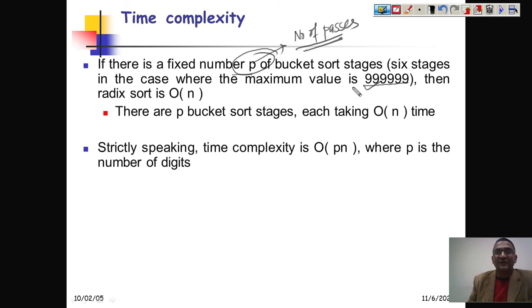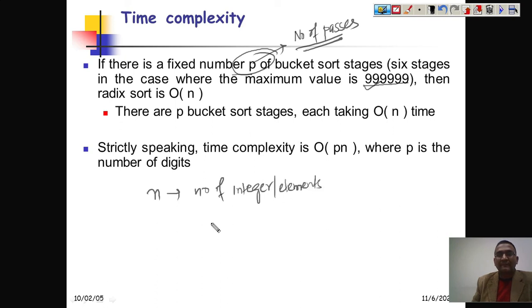Okay. So let's say n is the number of integers, or the number of elements that you want to sort, and p refers to the number of passes, which actually depends on the number of digits in the maximum number.